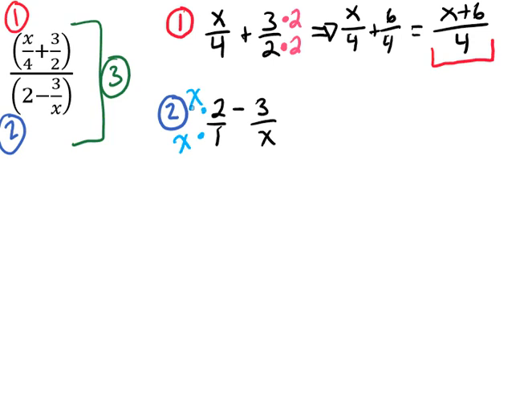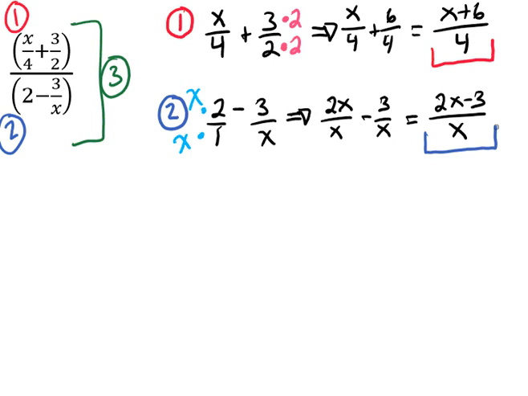So we're going to multiply the left side fraction by x over x. And that is going to give us 2x over x minus 3 over x, which simplifies to 2x minus 3 over x. Now this is the answer to our second problem, so we're going to go ahead and grab that because we're going to need it.